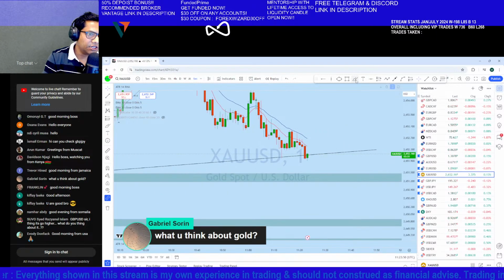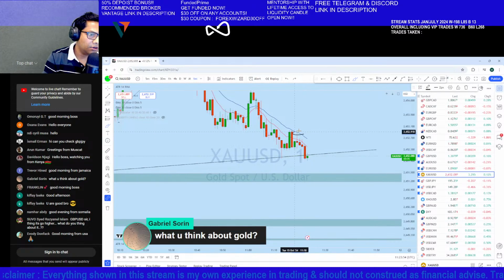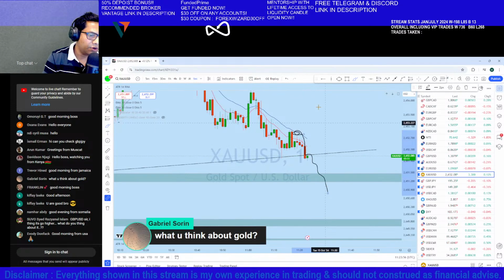In this area, what you see is a consolidation, and from that level the market is trying to break below.